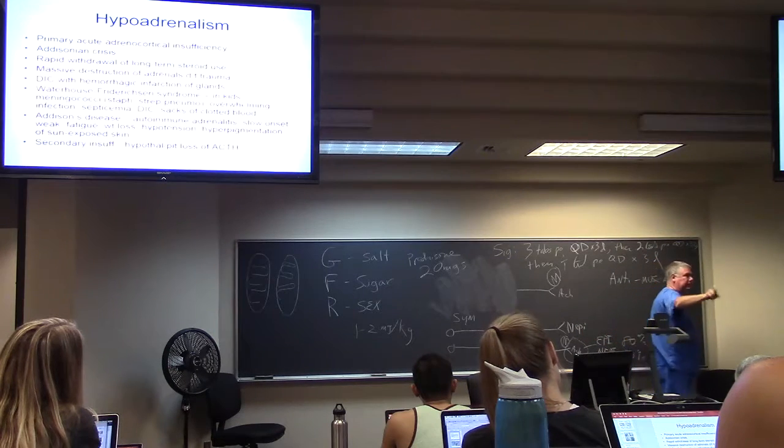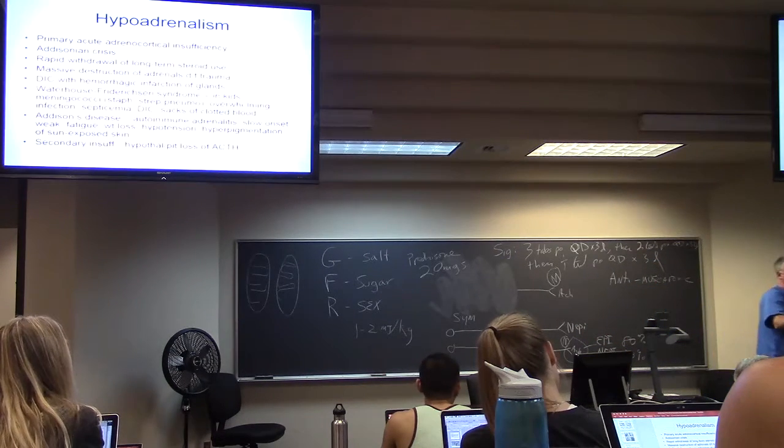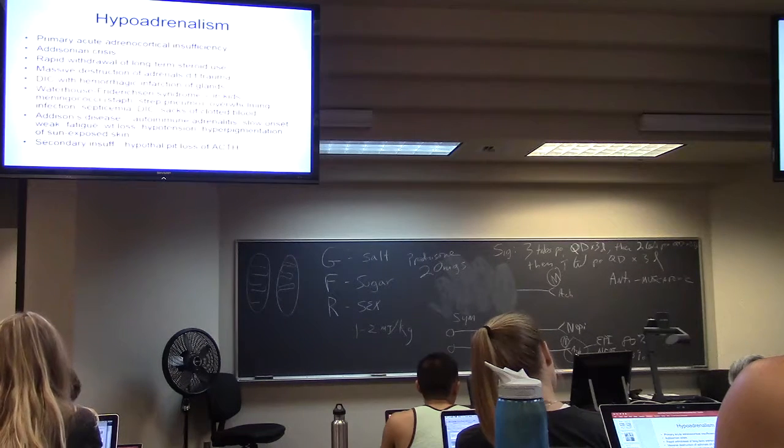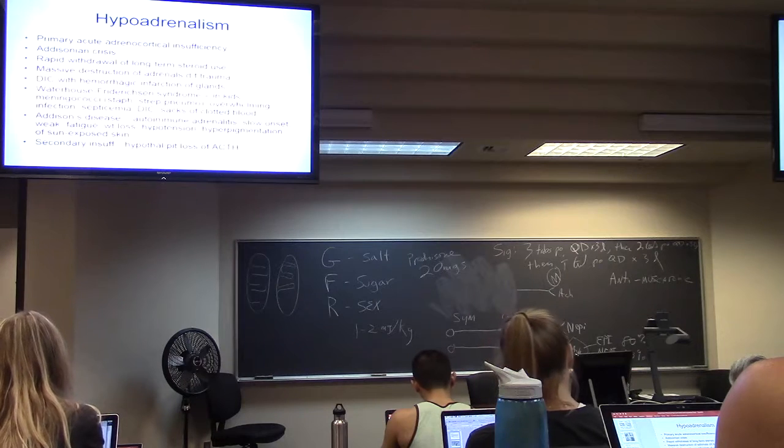So you got that: 60, 60, 60, 40, 40, 40, 20, 20, 20. That tapering is enough to prevent Addisonian crisis.